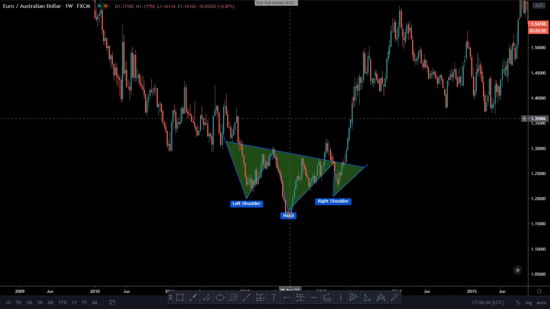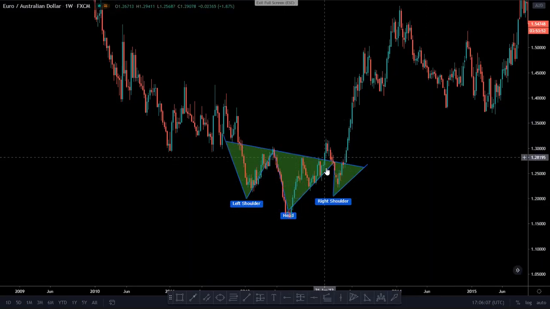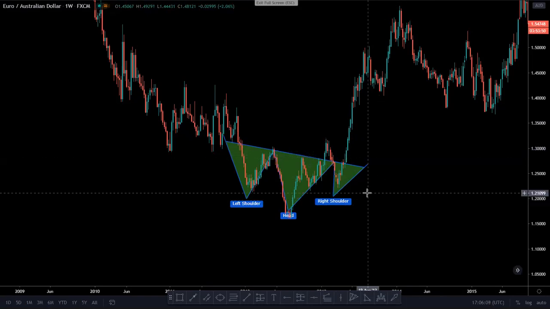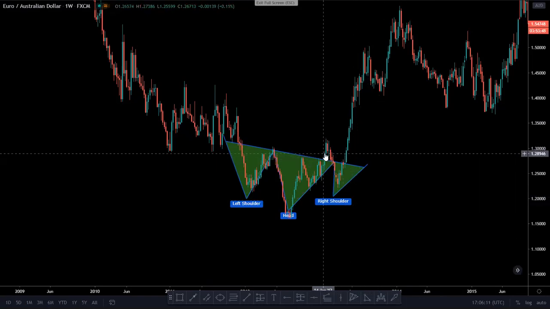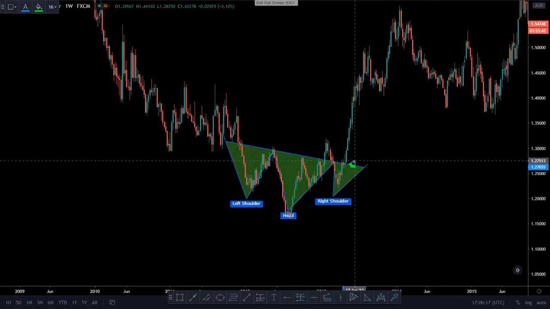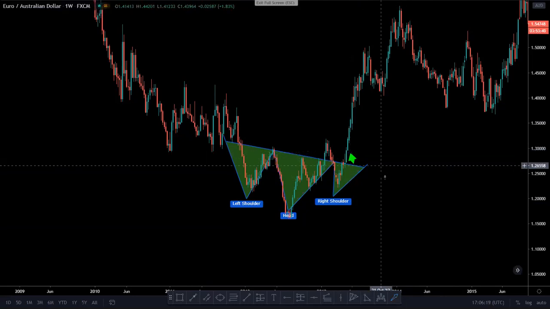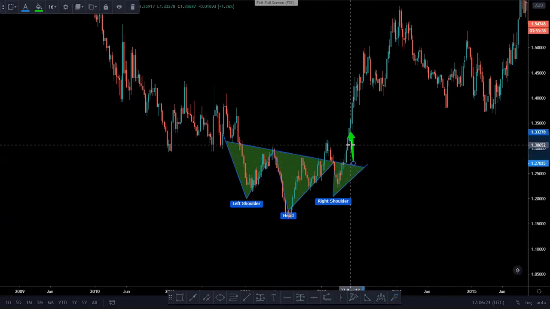So this is the inverted head and shoulders. So this is the neckline. So clearly you will see the buy point. Okay, so this is the buy point here. So that's the buy point.